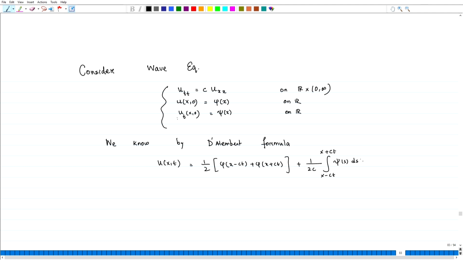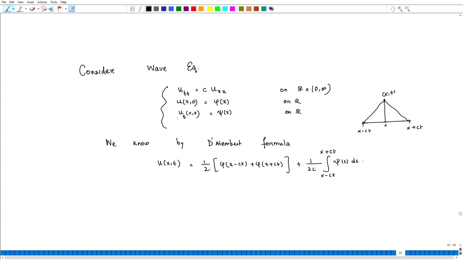So, it says that the solution at the point (x, t), what we need to do is take the average of this.